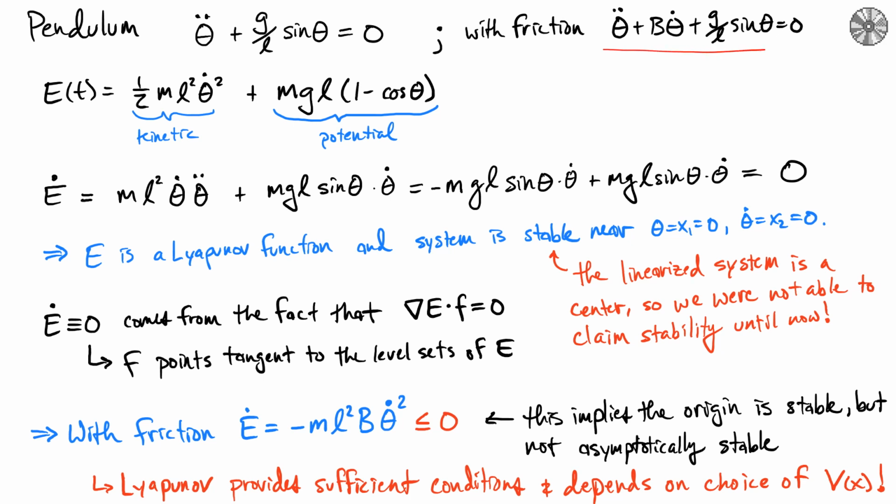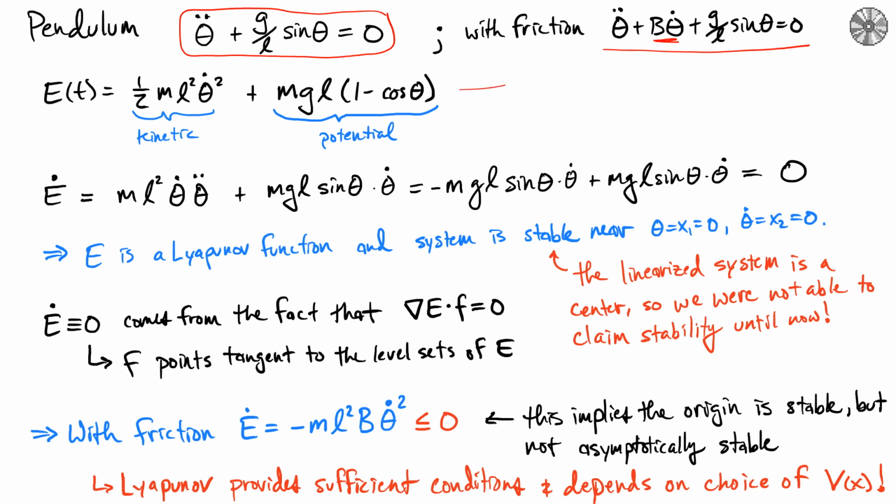With friction, we have this dissipating term. Without friction, which is what we're going to look at, we have this dynamics equation. If we come up with a Lyapunov function, again, we might consider the energies of the system. In this case, both kinetic and potential energy play a role.